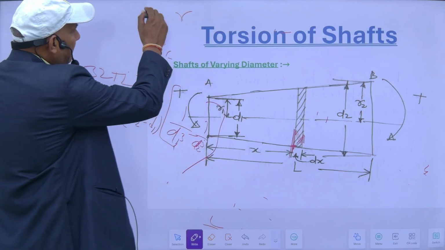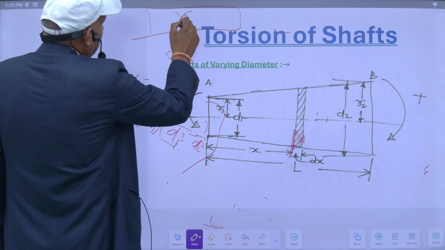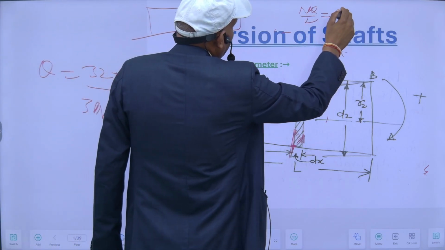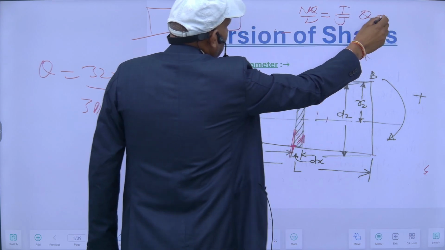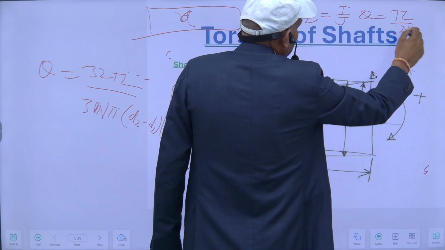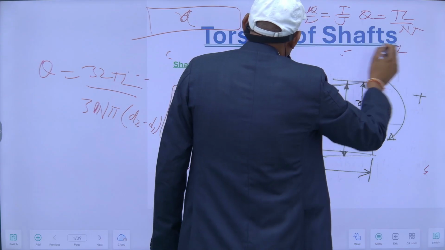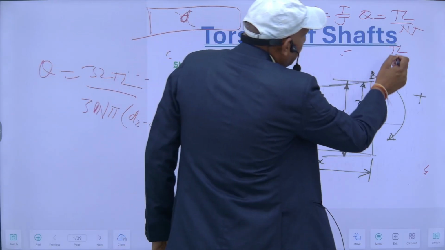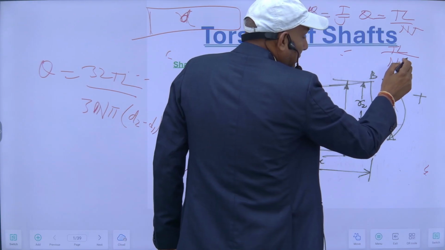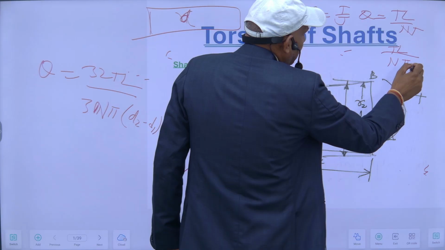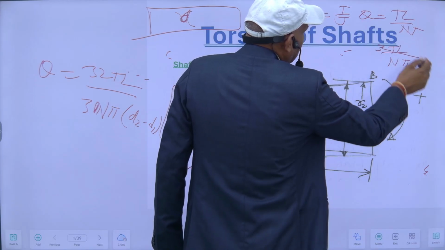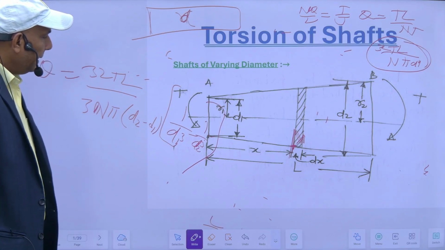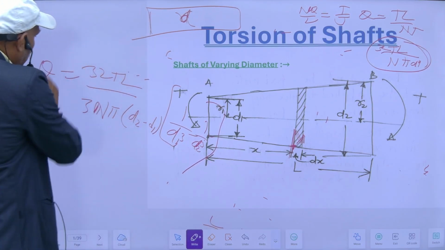In case of a normal shaft, as we have discussed in the earlier lecture, n theta upon L is equal to T upon J. So theta was equal to TL upon NJ. In case of a shaft of constant diameter, it will be TL upon N, and polar moment of inertia will be pi d raised to the power 4 upon 32. So that was the formula for a shaft of constant diameter, and for varying diameter, this is my formula.